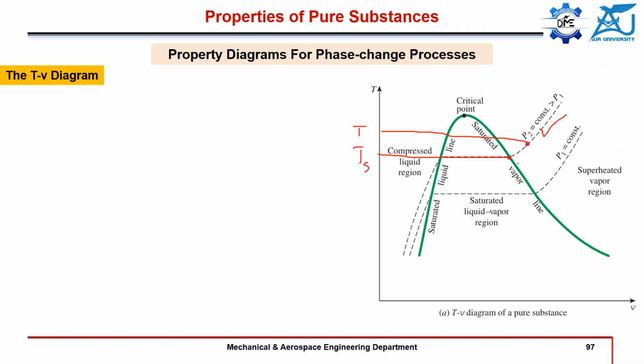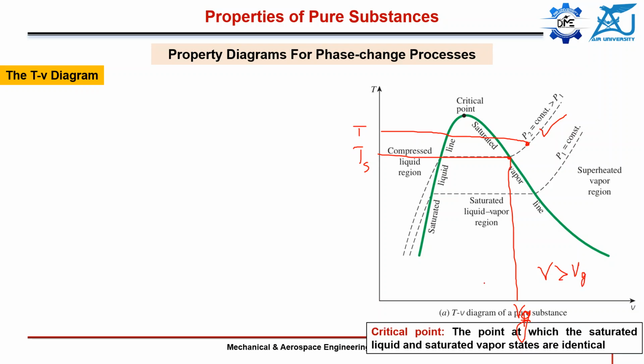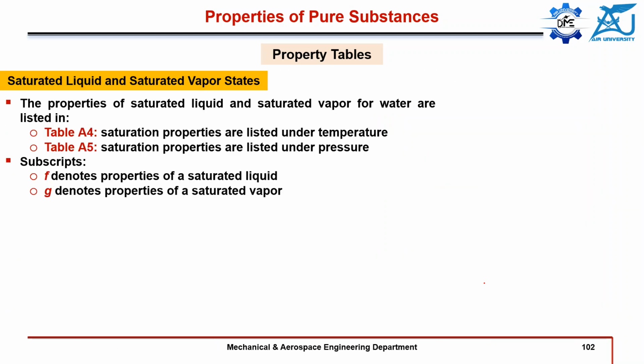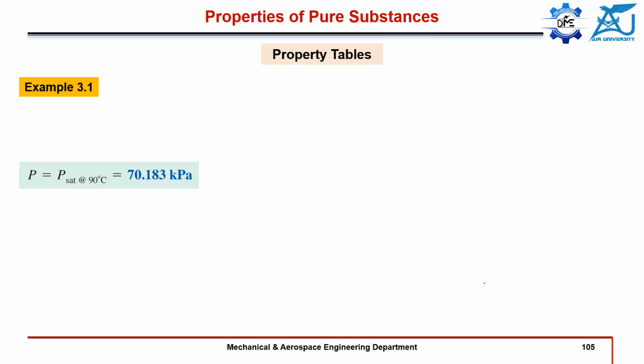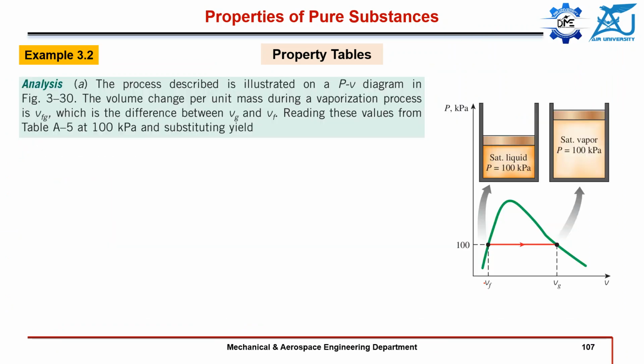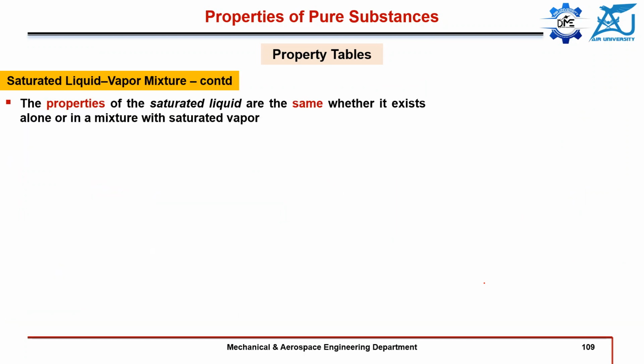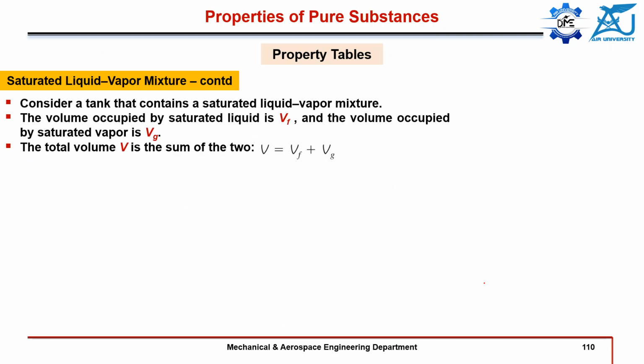Or for this temperature and pressure, we have this specific volume Vg. If your specific volume is greater than Vg, or your enthalpies, entropies or internal energy are greater than the given saturation values, then you are in the superheated region.